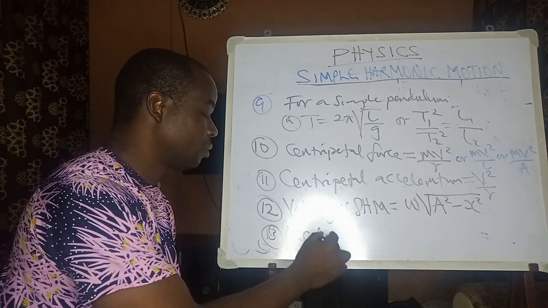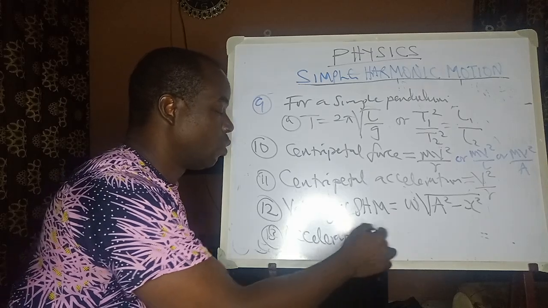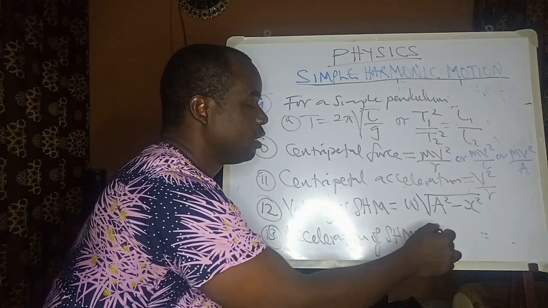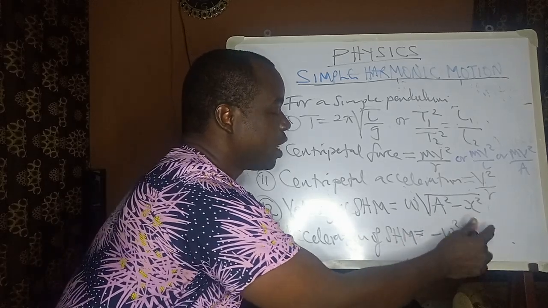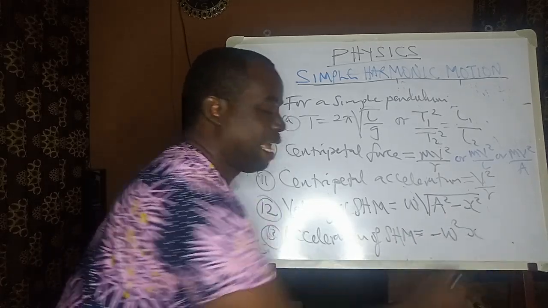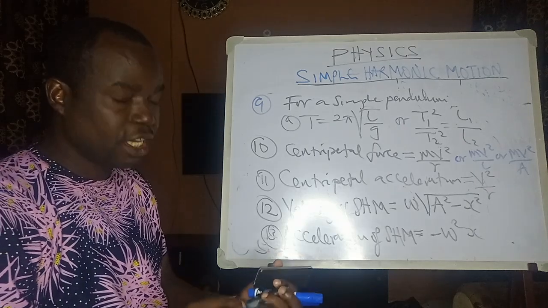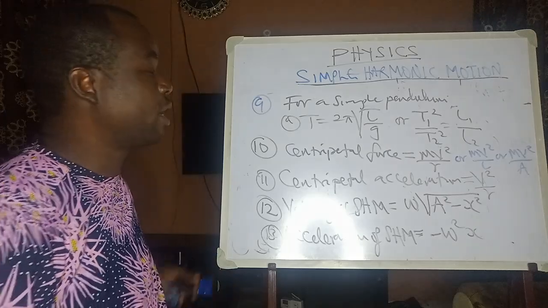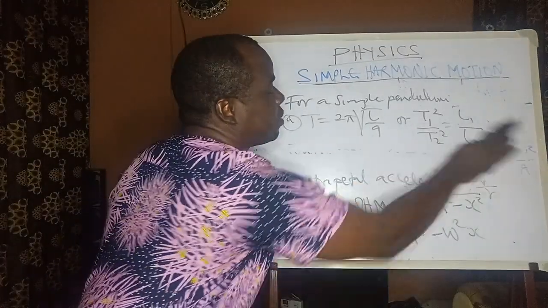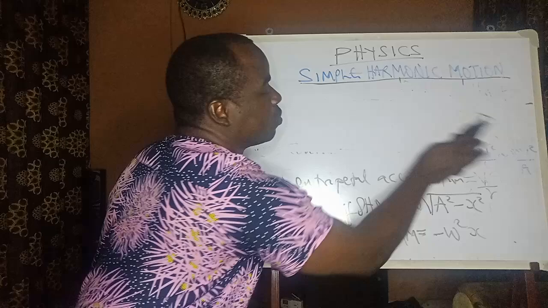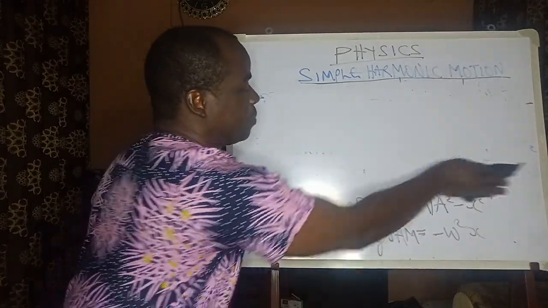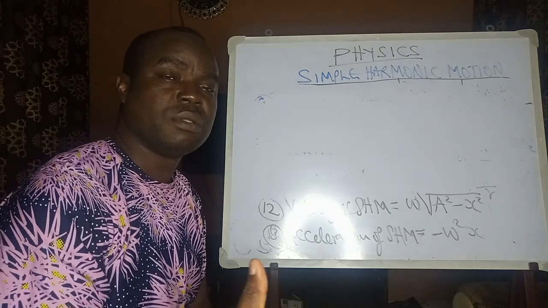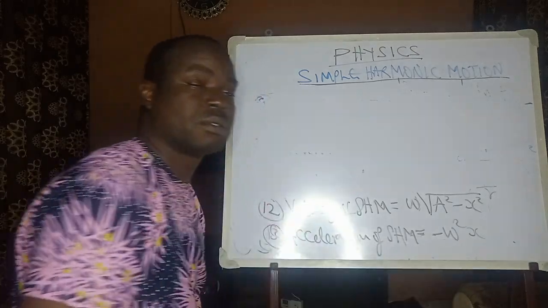Then, acceleration of simple harmonic motion is negative omega squared x. Sorry, in the table, I didn't give you the meaning of x, so I will write it down so that you will add it to your table. I do a live video, so I didn't give you the meaning of this x. So let me write it for you.